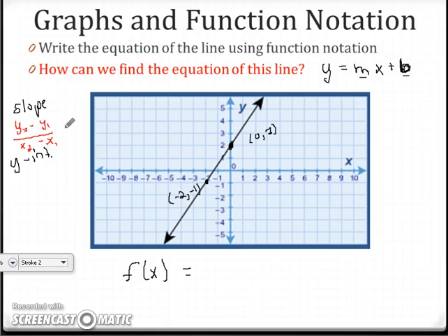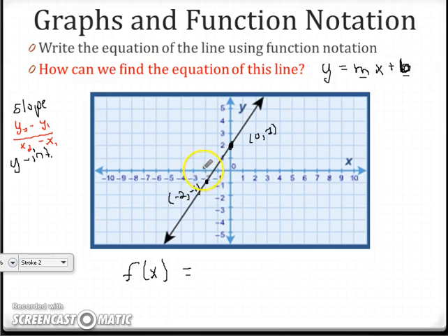You can also just count right on the graph if they're nice coordinates like this. So the rise, the up and down distance between those 2 points, and the run, the left and right distance between those 2 points. So rise over run, the steepness of the line, will give you the slope.